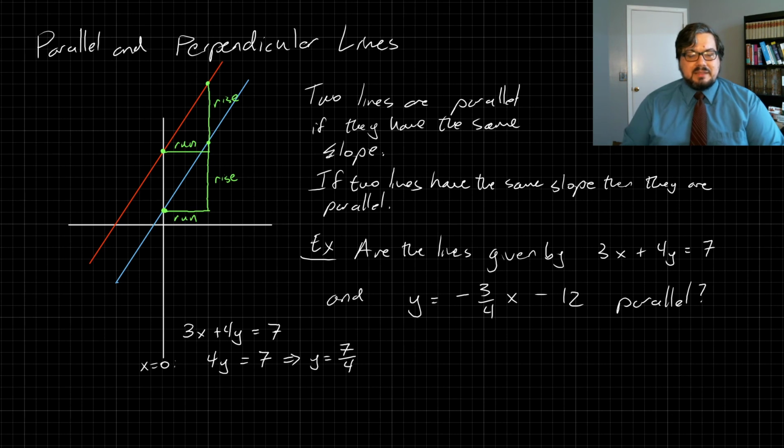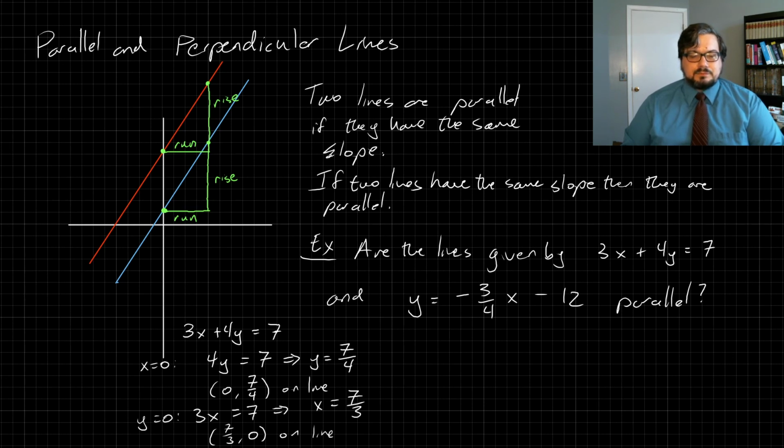So that means that the point 0, 7/4 is on the line. And then if y equals 0, we get 3x equals 7. So x is equal to 7 over 3. So that means that 7/3, 0 is on the line.